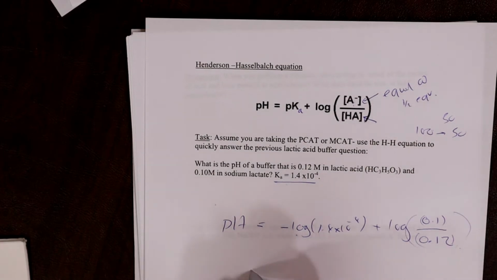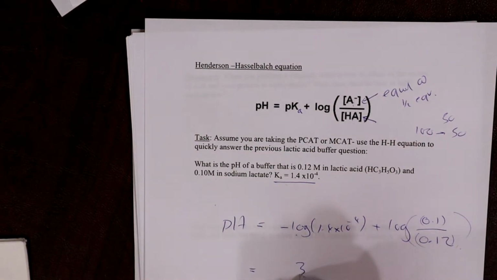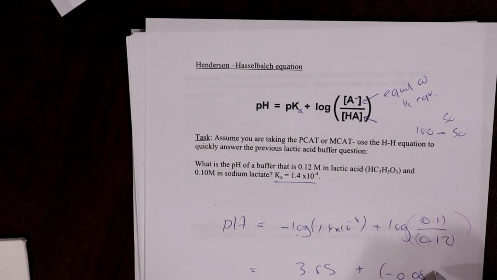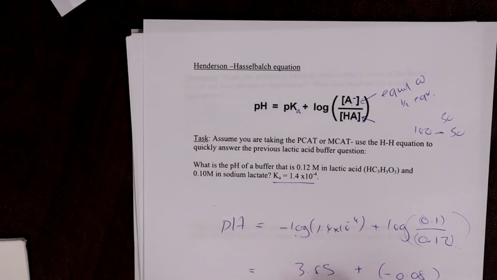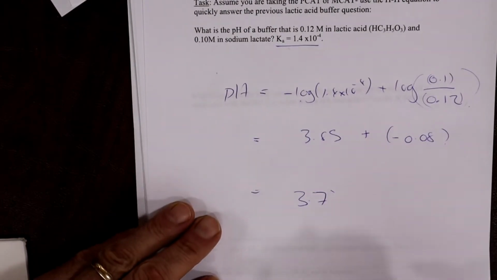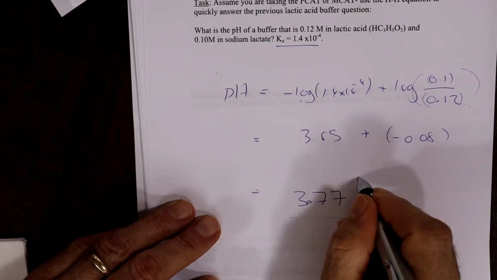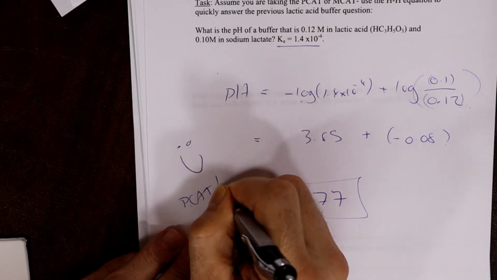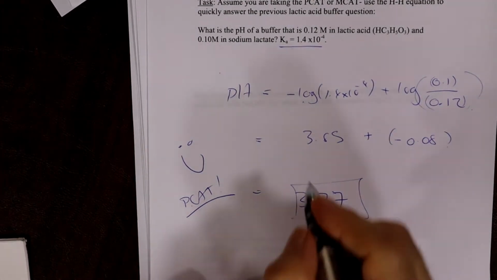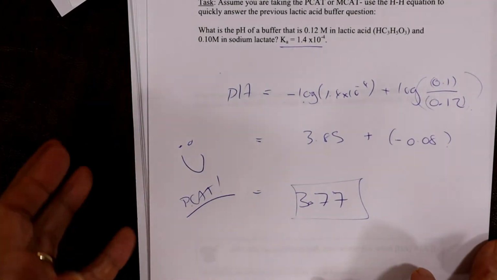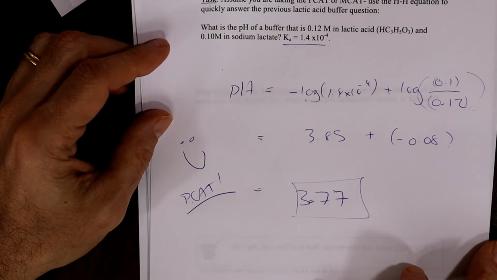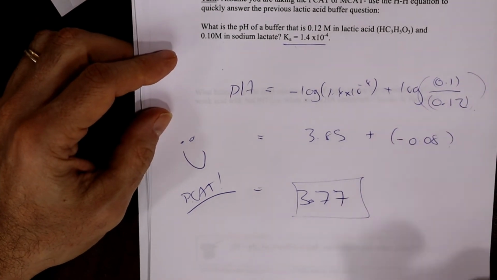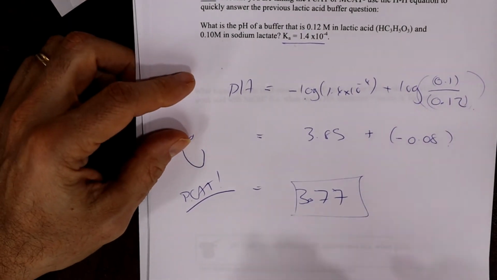Throw in the numbers: 3.85 plus negative 0.08 is 3.77. Oh, there, 3.77. That's what they want you to do on the PCAT. So use the Henderson-Hasselbalch equation. As long as you have the ratio and the Ka, you can always work it out. That's a nice shortcut.